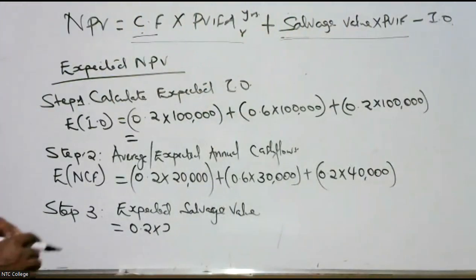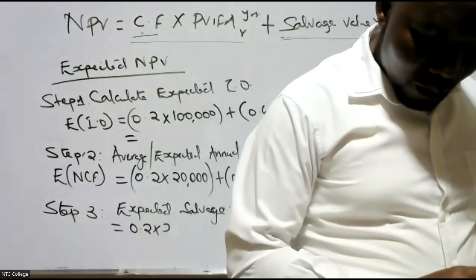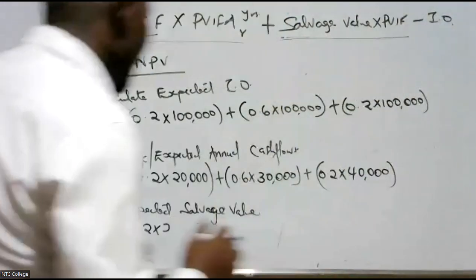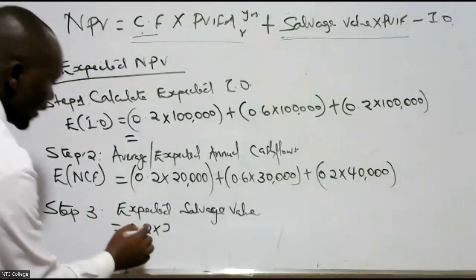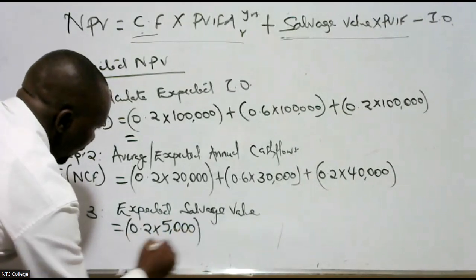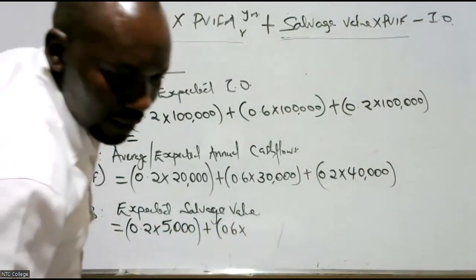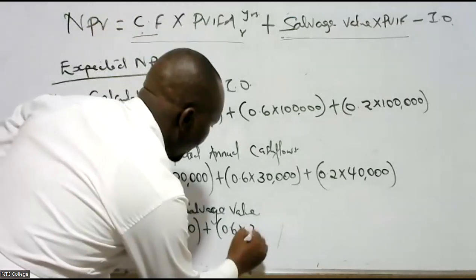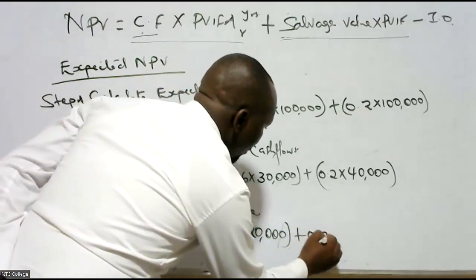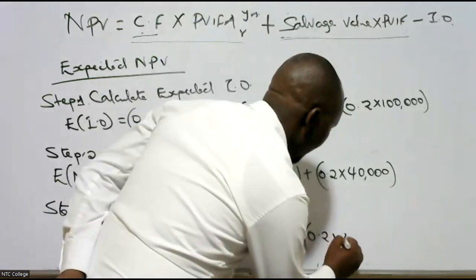Down there, we are told on the statement, year 0 is the initial. When year 5 is the estimated salvage value. So what we are calculating is the average. So we have the first one, 5, plus now the probability of the second one. The second one is 20, plus the third one is 0.2 into 30. That's that.